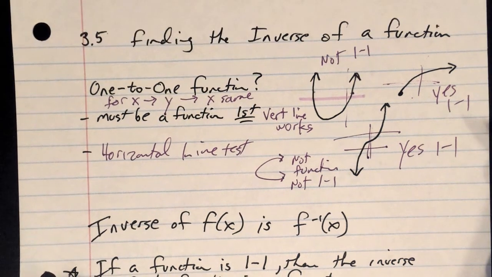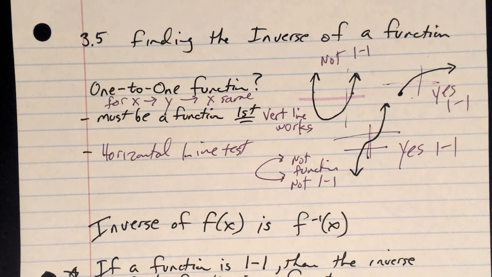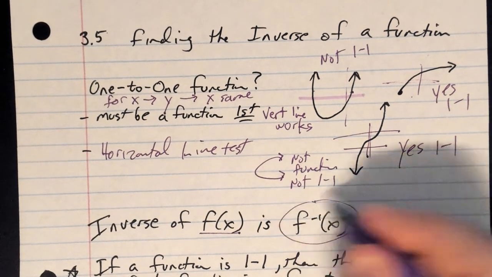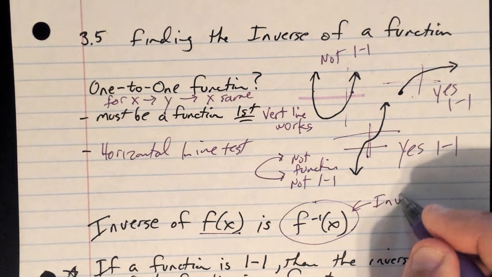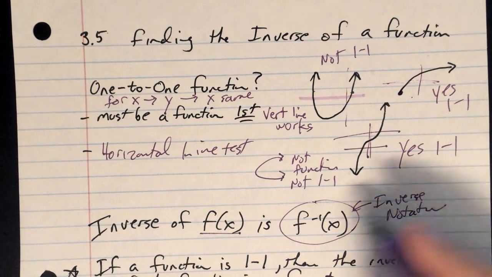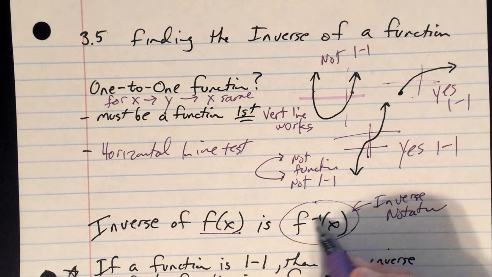Now, when we find out a function is one-to-one, then its inverse is still a function. This is the representation for the inverse, so this is inverse notation. Notice the little -1 up here in the exponent area.